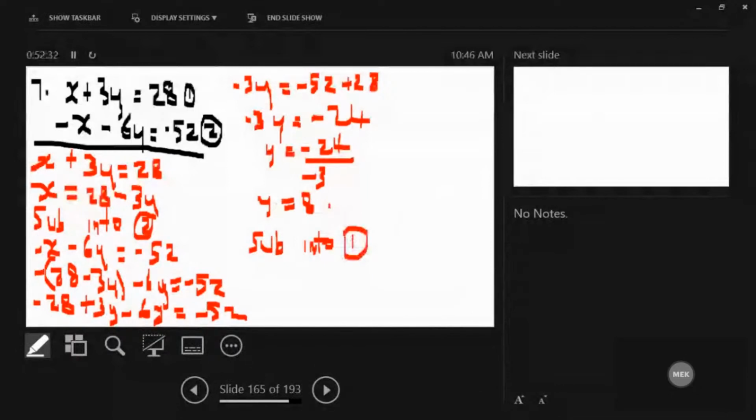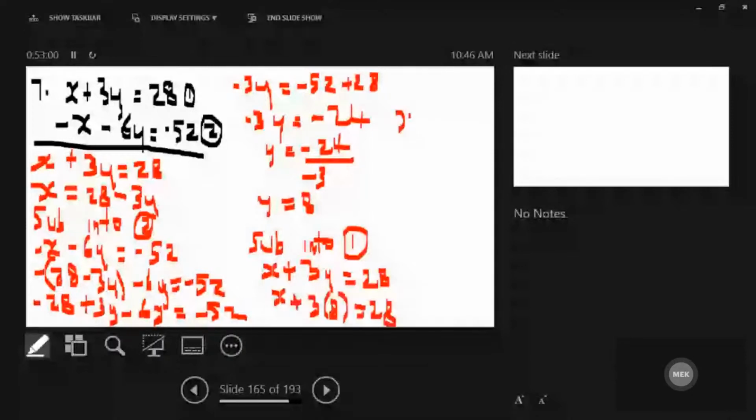So equation 1 says x plus 3y, so x plus 3 times 8. And 3 times 8 is 24. So x plus 24 is equal to 28.